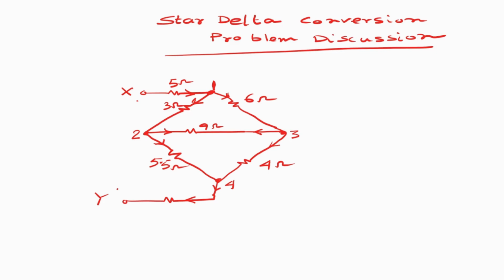So here the interesting point is the current in the 9 ohm resistor, between junction 2 and junction 3.